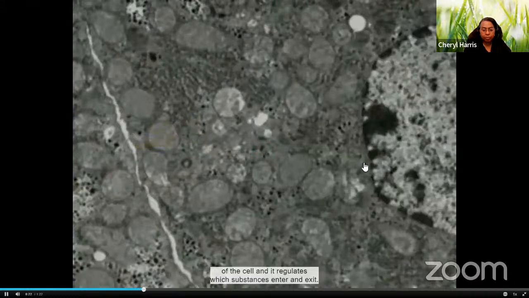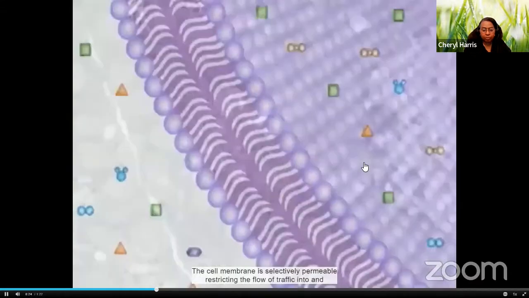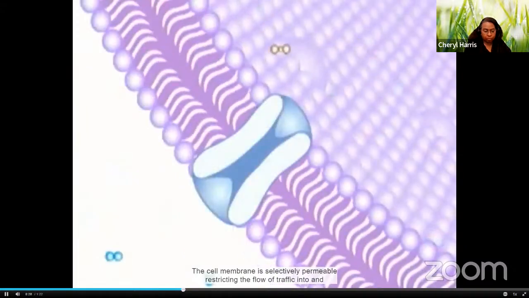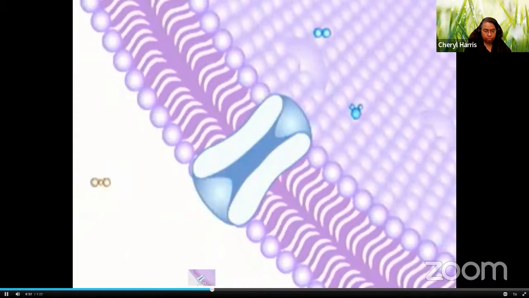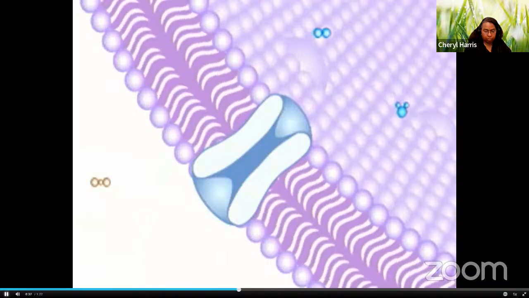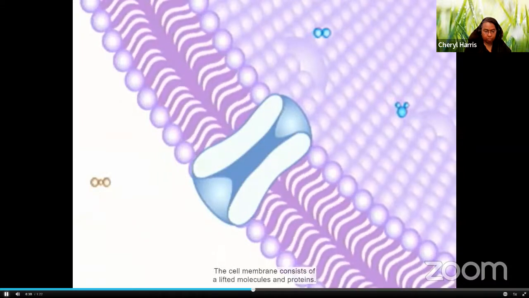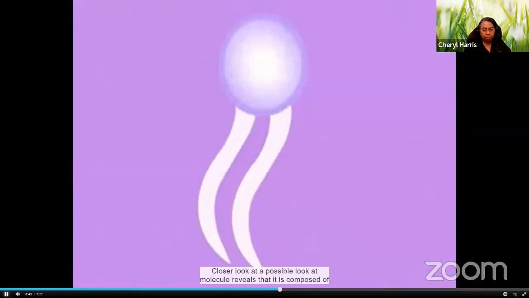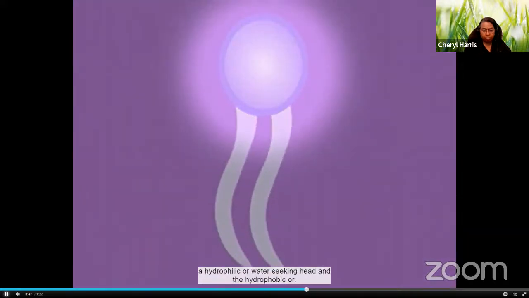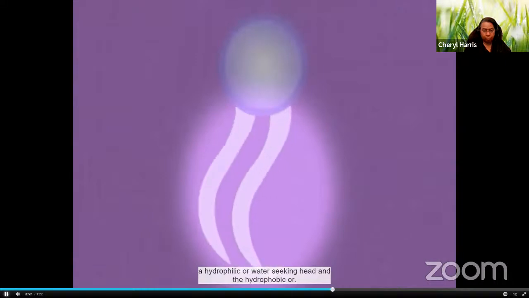Enter and exit. The cell membrane is selectively permeable, restricting the flow of traffic into and out of the cell to specific molecules. It, in essence, acts as a gatekeeper. The cell membrane consists of phospholipid molecules and proteins. A closer look at a phospholipid molecule reveals that it is composed of a hydrophilic or water-seeking head and a hydrophobic or water-repelling tail.